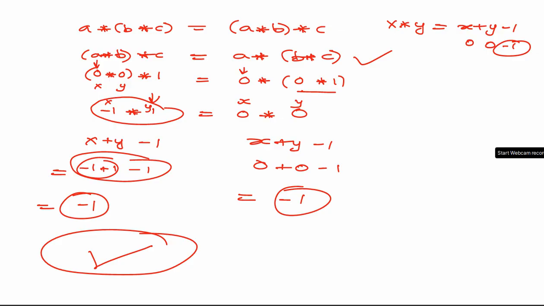All right, so we go now and talk about whether the identity law exists. As usual, the identity law tells us a is equal to a star e. Our expression is that x star y is equal to x plus y minus 1.